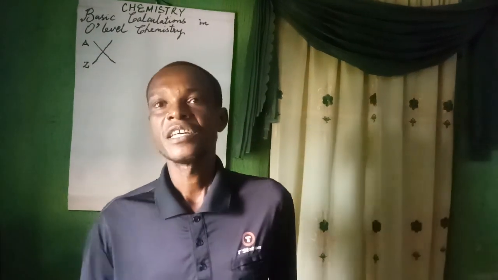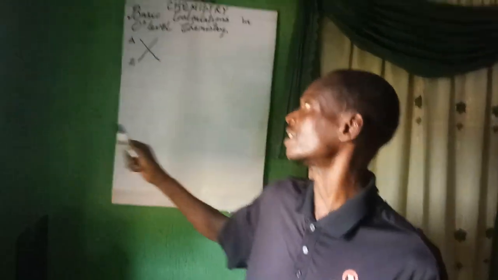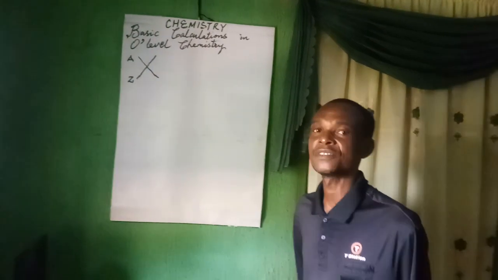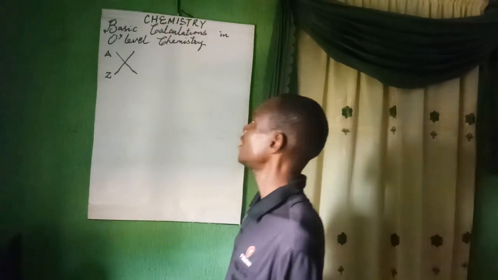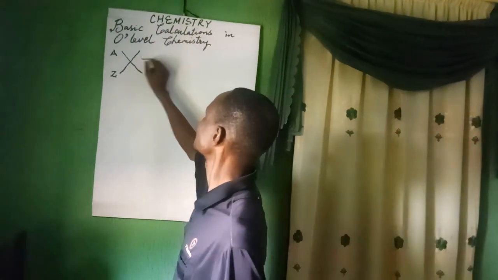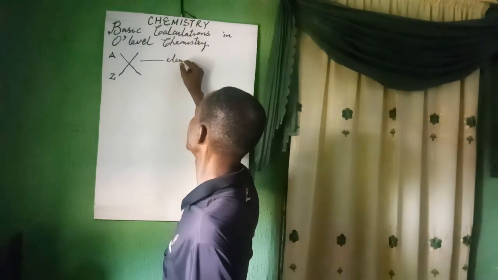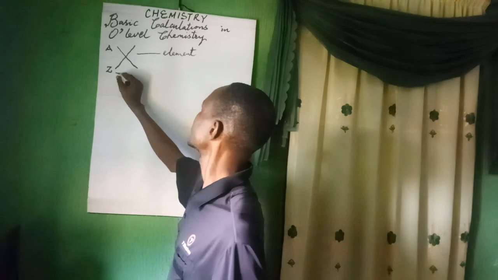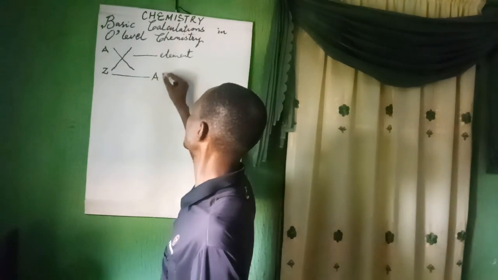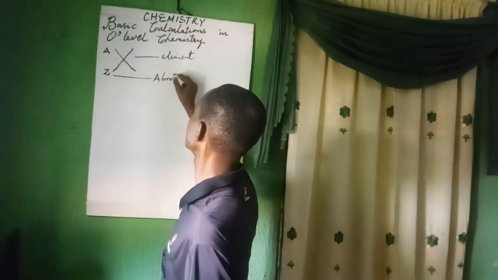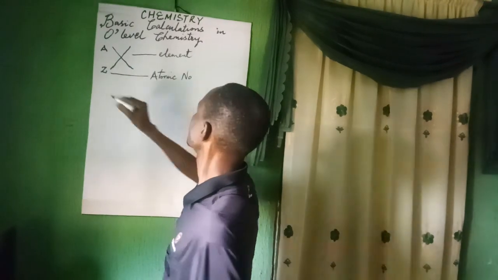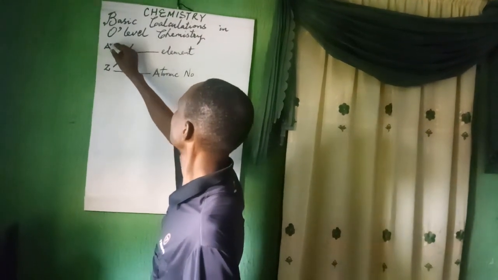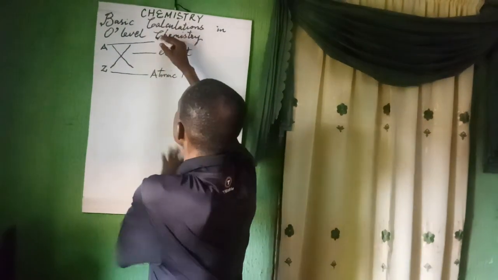Generally, elements are represented as shown on the board. If an element is X, Z is the atomic number, while A is the mass number.